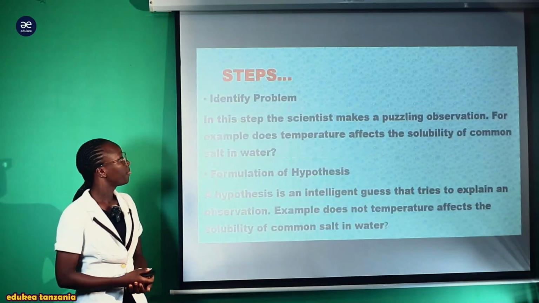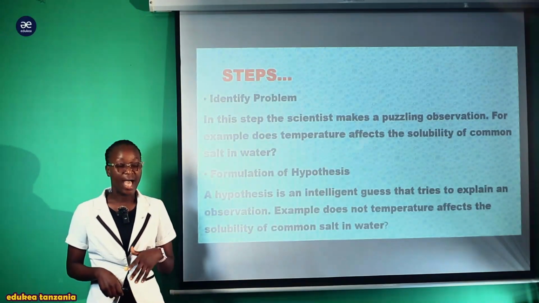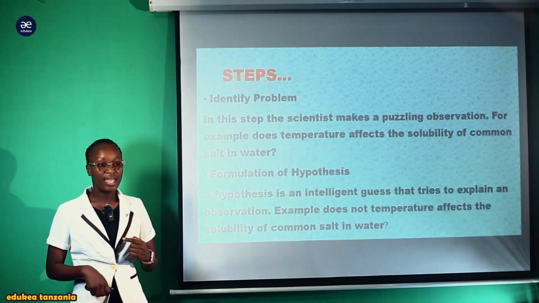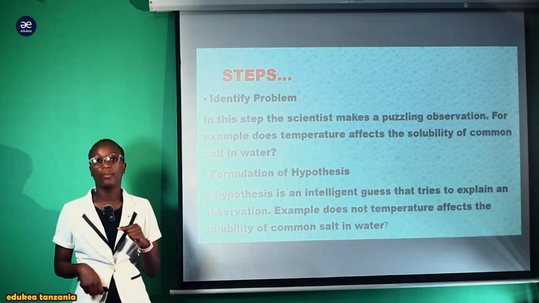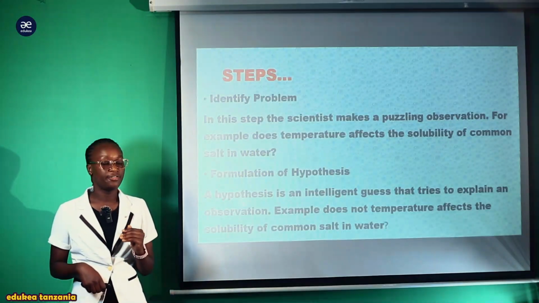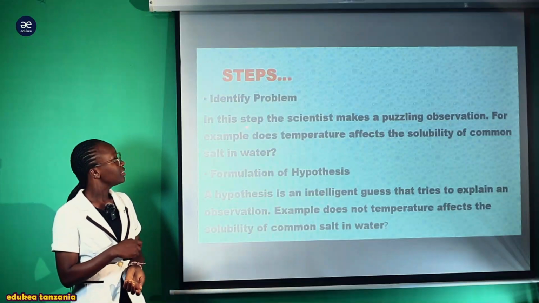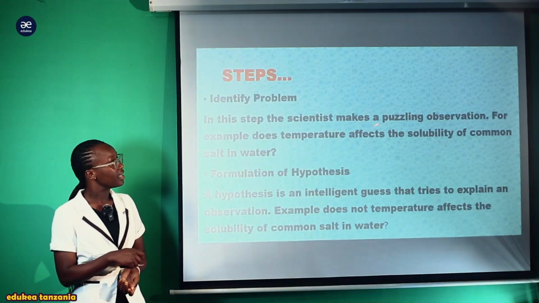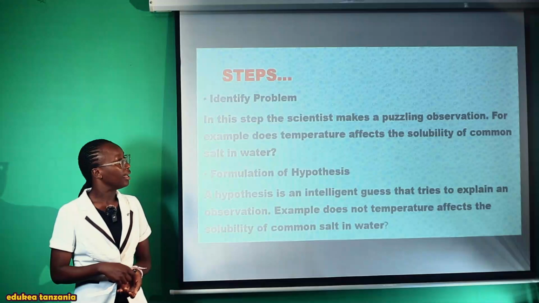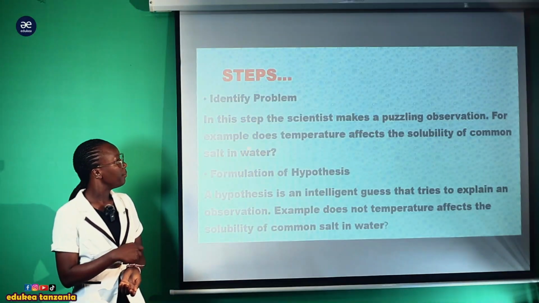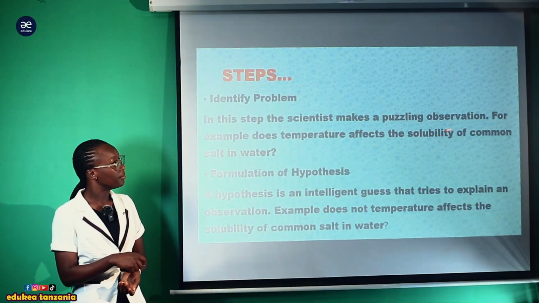Let us start with identify the problem. Here it means we are going to make the problem identification. How? In this step, the scientist makes a puzzling observation. For example, does temperature affect the solubility of common salt in water?